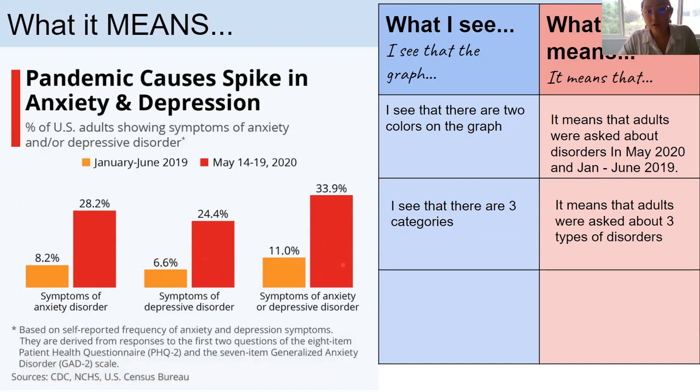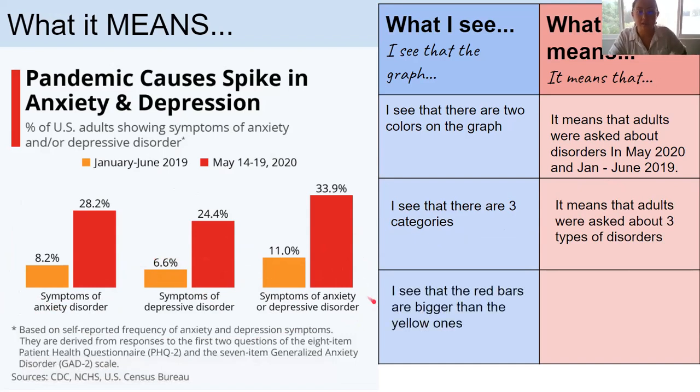So then another observation the student volunteered, and there's a lot of these in the Padlet, is I see that the red bars are bigger than the yellow bars. And what does that mean for this graph?